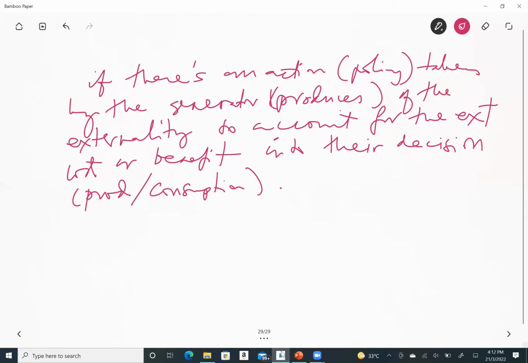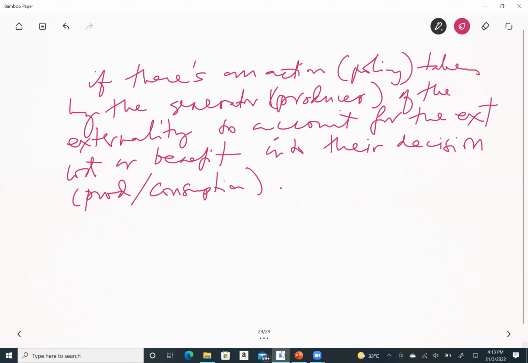So there is an action, right? Or something that is done or policy taken by the generator or the producer of the externality to account for the external cost or benefit into their decision. So that is internalization. That is what you actually do, to consider those costs into your total cost, or consider those benefits into your total benefit.